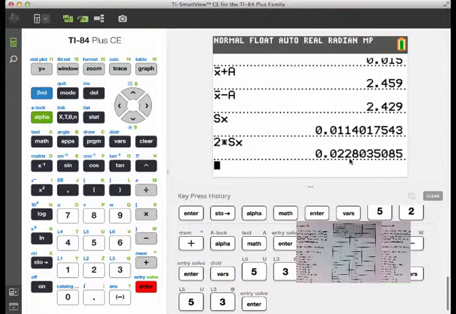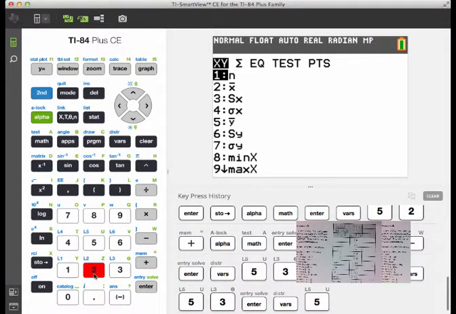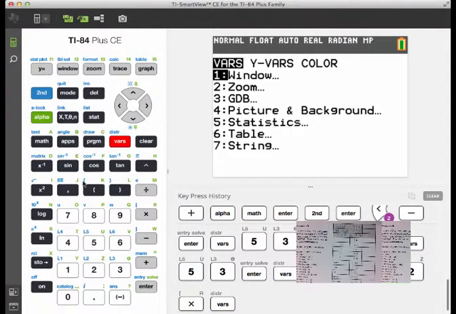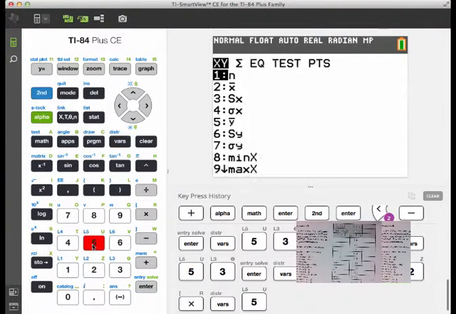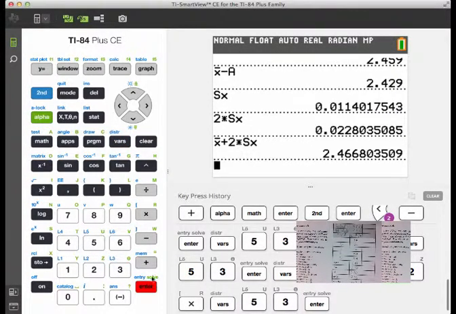Now the upper limit in this case is going to be the mean plus 2 times the standard deviation, Sx. So we get 2.466, so that means this 6 will cause this to round up, so we get 2.47.